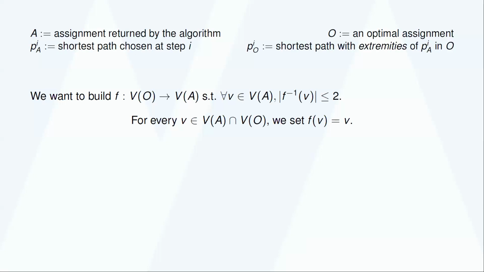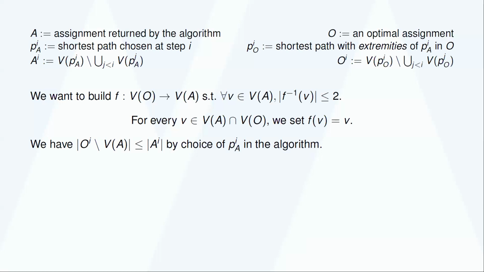Second, you call P_i^A the shortest path chosen at step i, and P_i^O is the shortest path with the same extremities as this one, but in the optimal solution. And you call A_i the set of vertices that are covered by the new path at step i and never covered before, and the same for O_i.